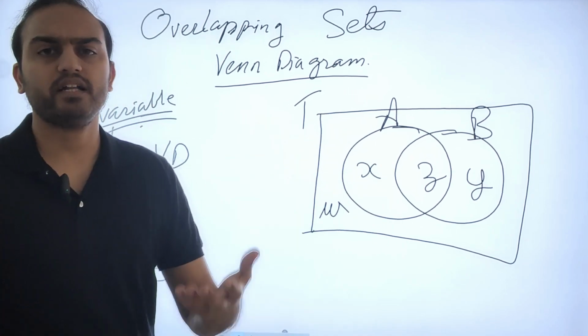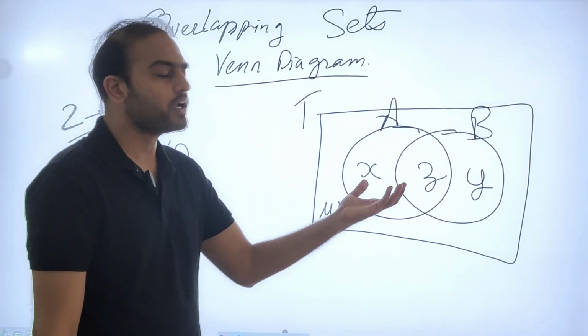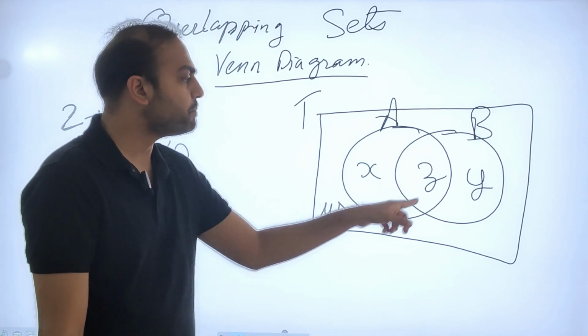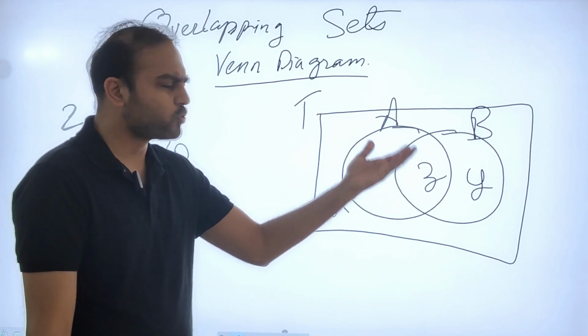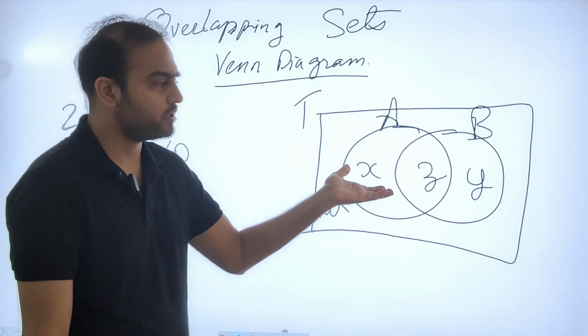The concept of a set is very simple. Anything that belongs to A will be part of its circle or square or triangle, whatever figure you make.